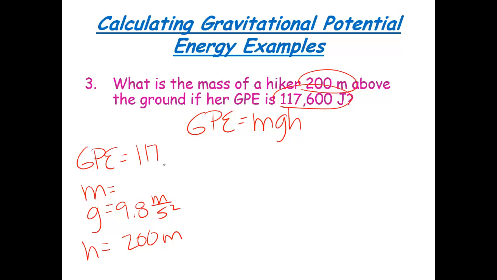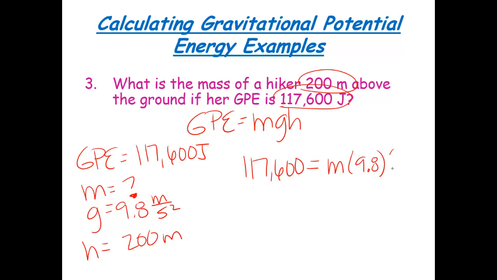Okay, so 117,600 is equal to our m, we don't know, times 9.8 times our 200. So again, just like the last one, you've got to combine these two before you can do anything else. So 9.8 times 200, 1960.